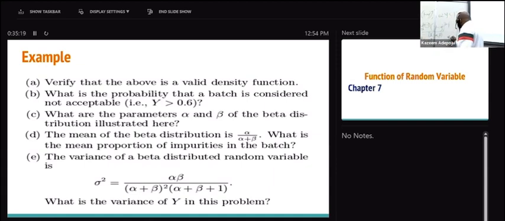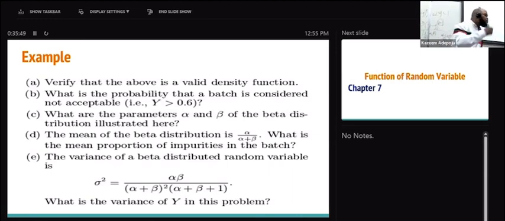You're just going to do alpha minus 1 equal to 0. Solve that. What is my alpha? 1. Equate this to this. What are you going to have now? Beta minus 1 equal to 9. What is my beta? 10. I'm done. The parameters are alpha equal to 1 and beta equal to 10. Any question?